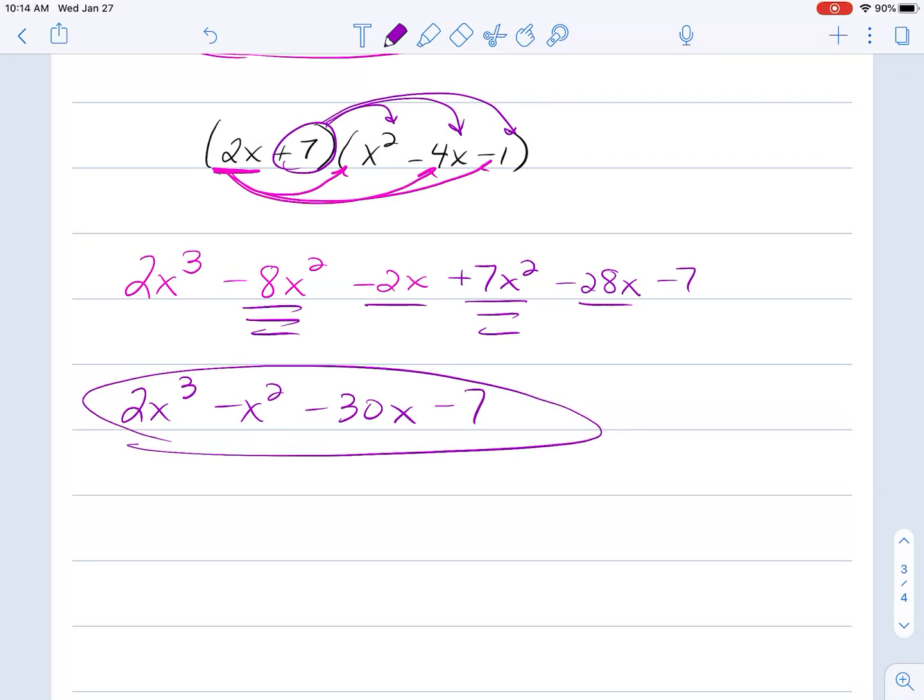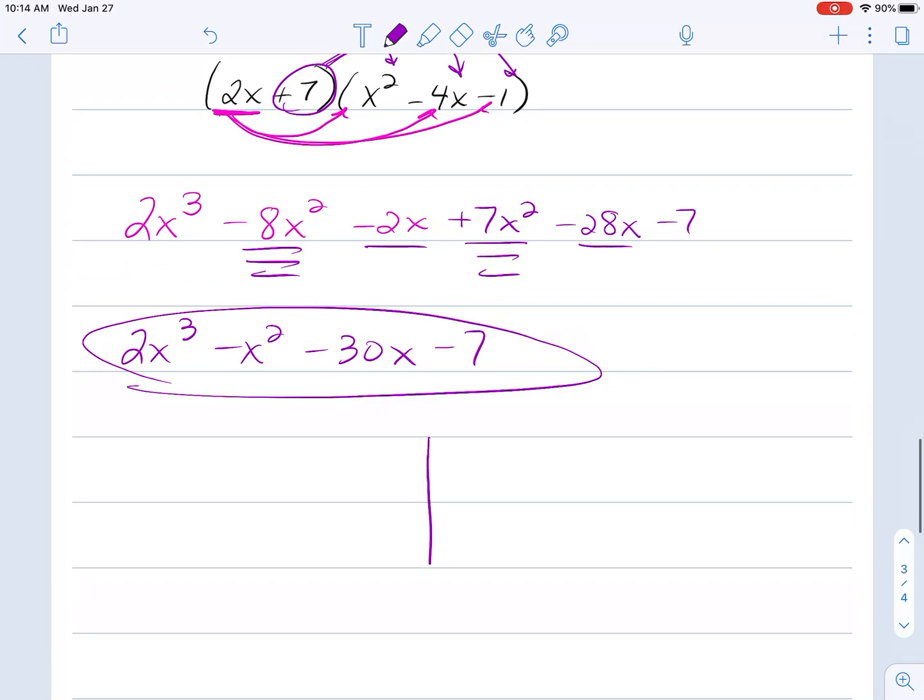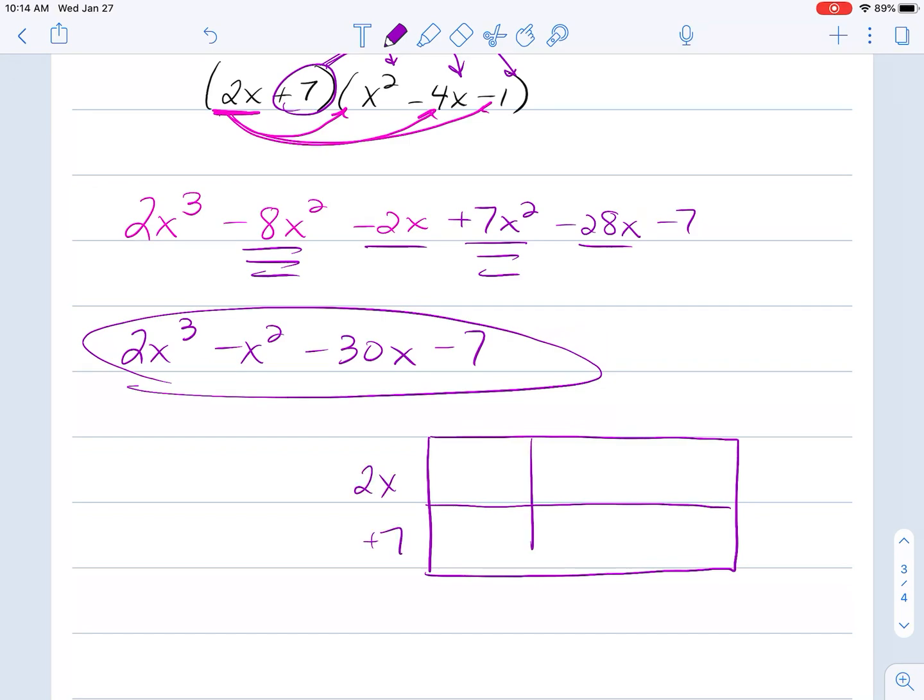And if I were to box this, the rectangle could go either way. I'm going to write it this way though. 2x plus 7, and then x squared minus 4x minus 1. And then you'd fill the box the same way.